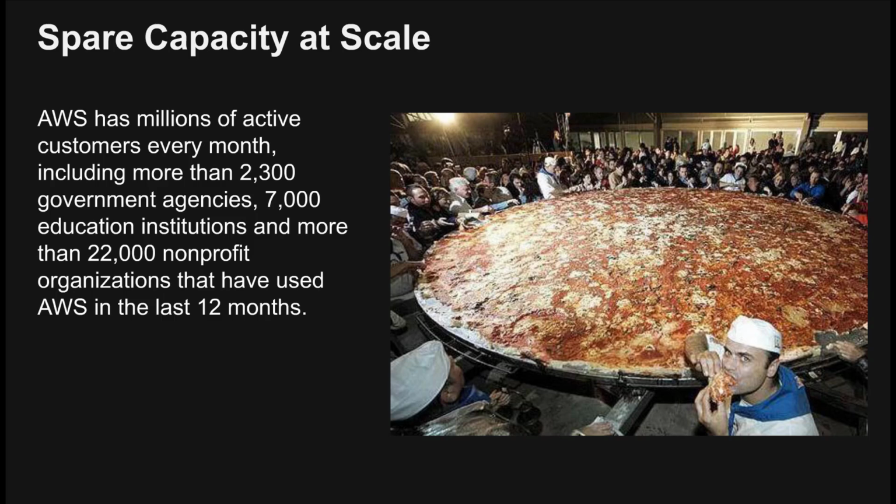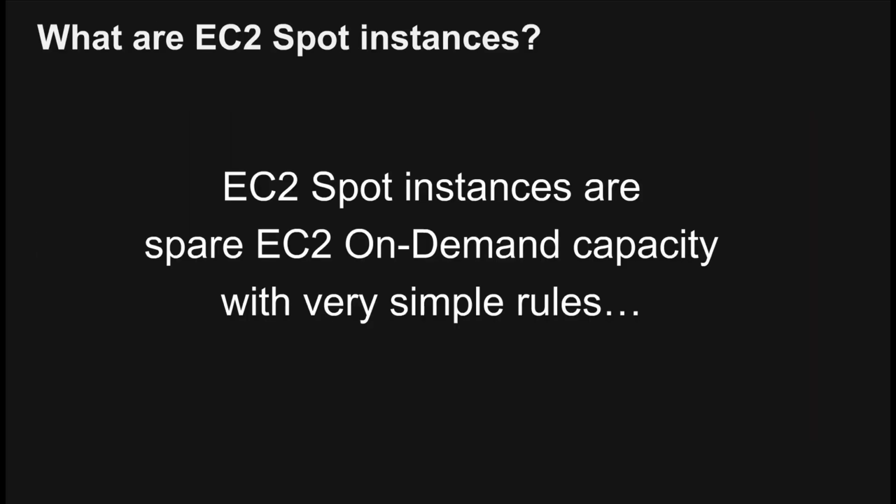And so that means we have a lot of spare capacity sitting around. So rather than letting that idle spare capacity go unused, we've essentially opened that up into a service that we call EC2 Spot Instances, also known as the spot market. And so spot instances are essentially spare EC2 capacity with a couple of very simple rules.